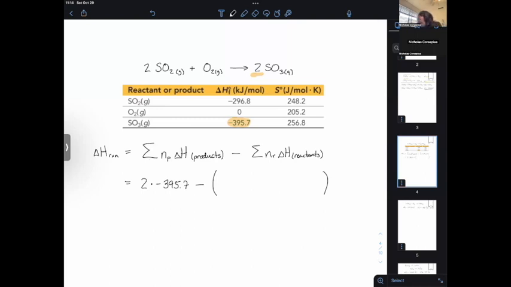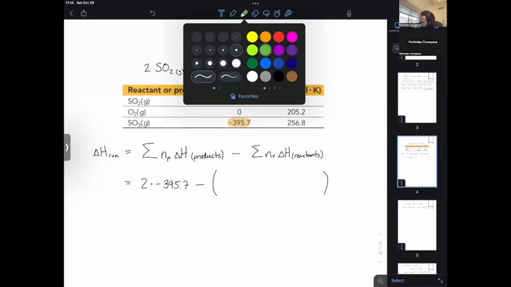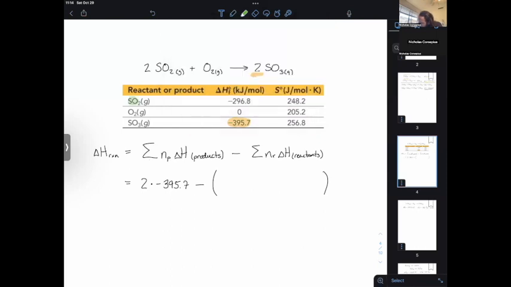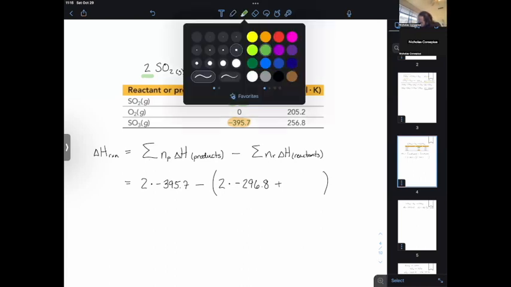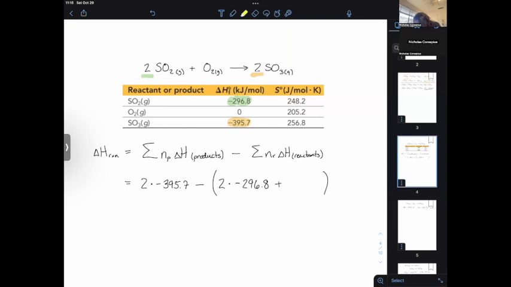So then I'm going to look up for my reactants. The first one is the sulfur dioxide. So look up that delta H value, multiply it by its stoichiometric coefficient. So 2 times the negative 296.8. And then I'm going to add on what it is for my oxygen, which is in this case just 0. So I actually wouldn't even have to include that term.